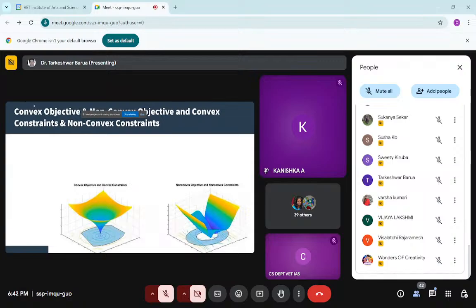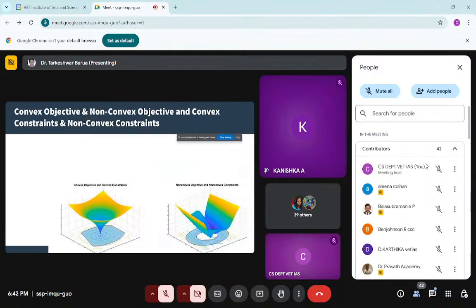So let's see the difference between a convex objective and a non-convex objective, convex constraint and non-convex constraint. You can see this one is a convex objective and a convex constraint.